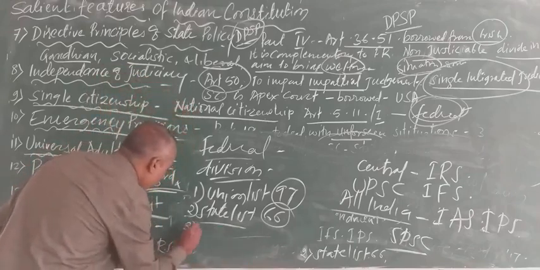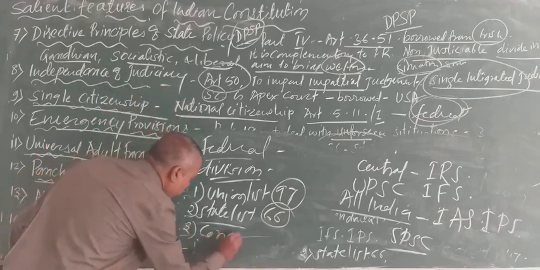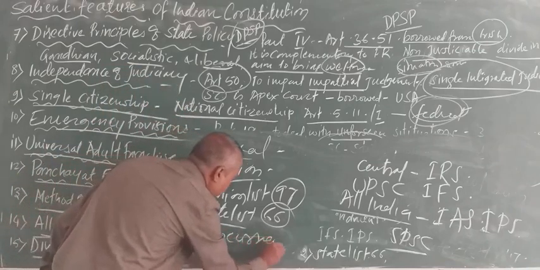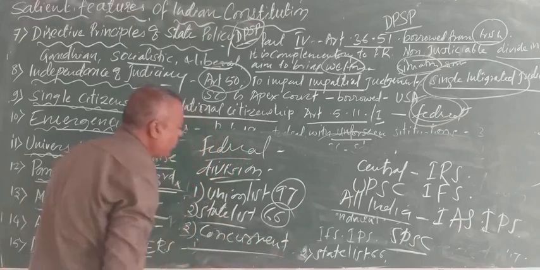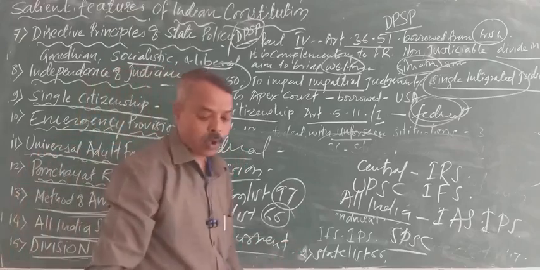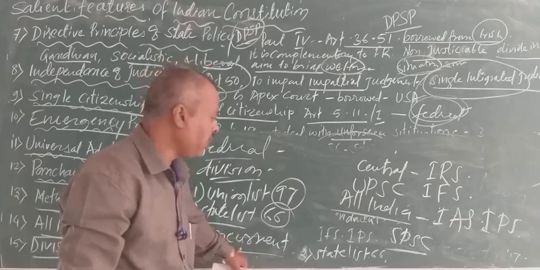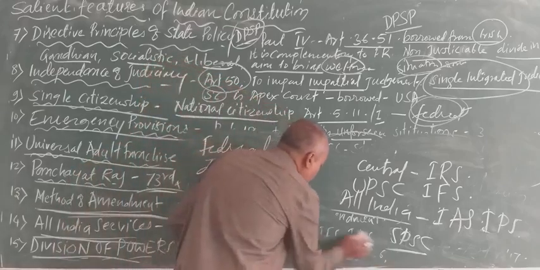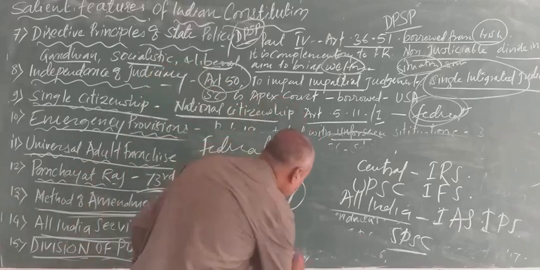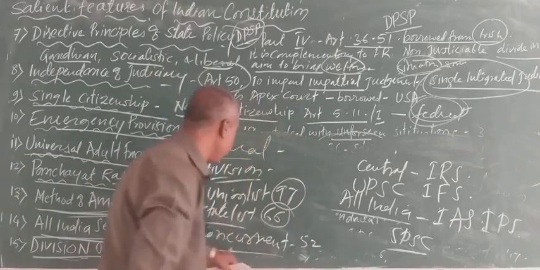And the third type of division of power is the Concurrent List. This concept of the Concurrent List has been borrowed from Australia, and there are 52 subjects included in it.